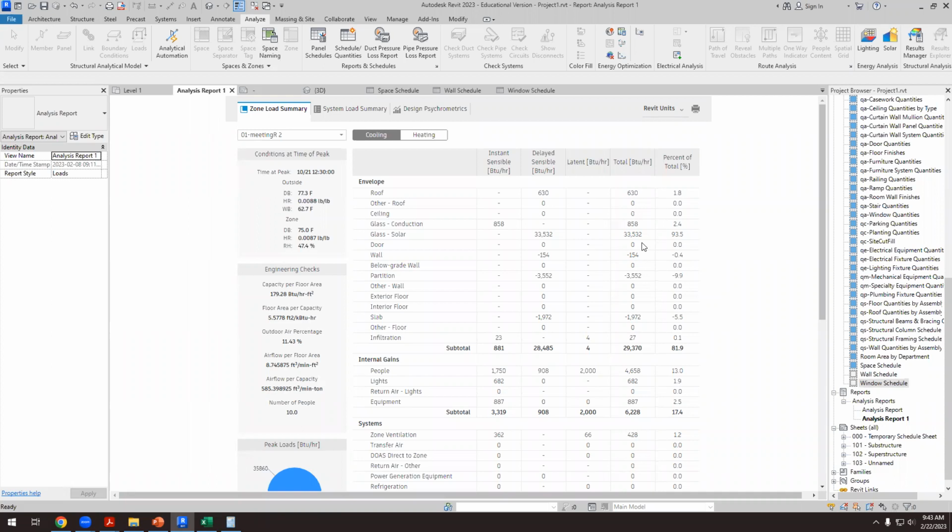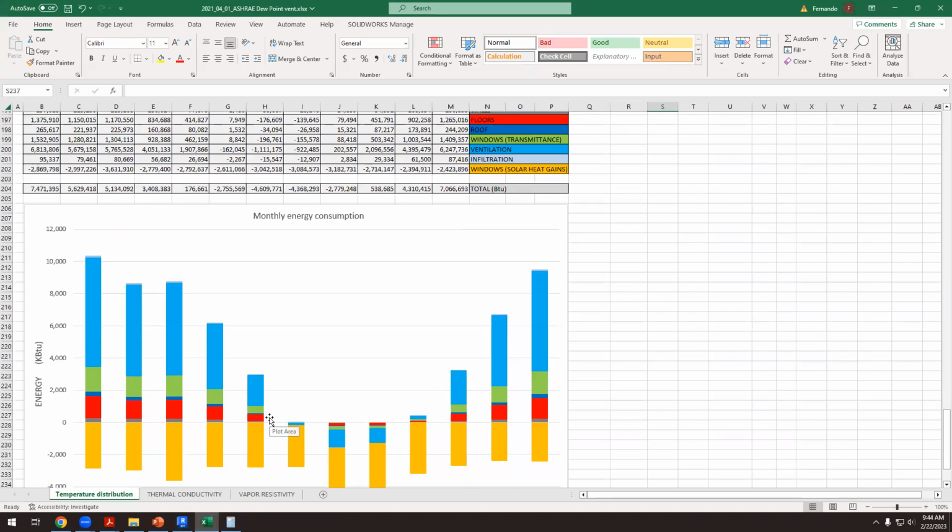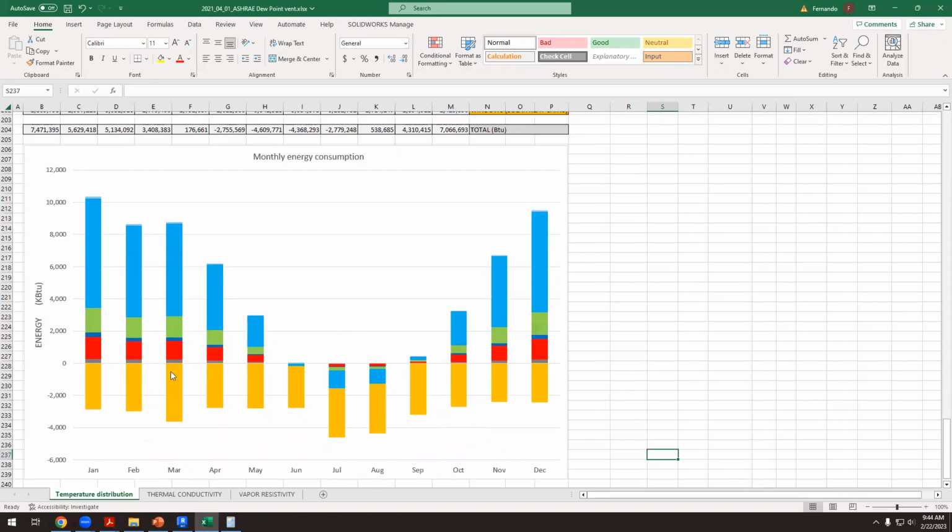But again, you need to know a lot. And sometimes you have to use monthly performance instead of the peak load. Because with the monthly performance, you can prove that if you didn't have glass, you would probably end up consuming more energy than having glass, because you take into account the solar gains in winter.